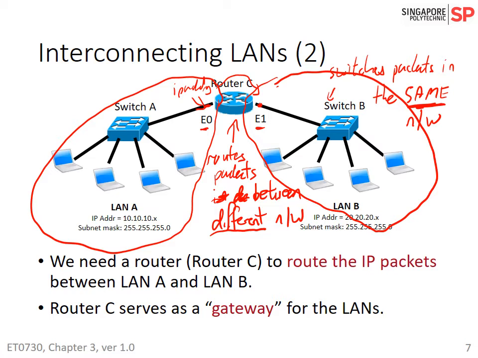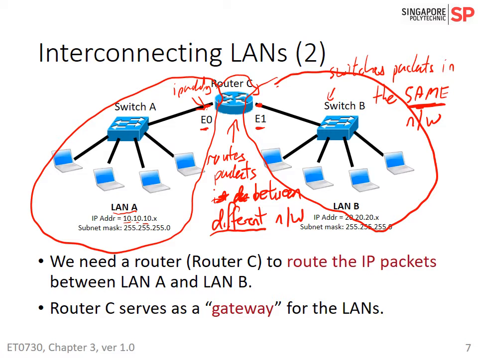What IP address to put here? It must be in the same network as LAN A, meaning this IP address must start with 10.10.10. For example, it could be 10.10.10.1, it could be 10.10.10.254. How about here? The IP address of E1 must be 20.20.20.something, so that it's in the same network as all the PCs in LAN B. That's why I deliberately cut this so that it includes this interface.